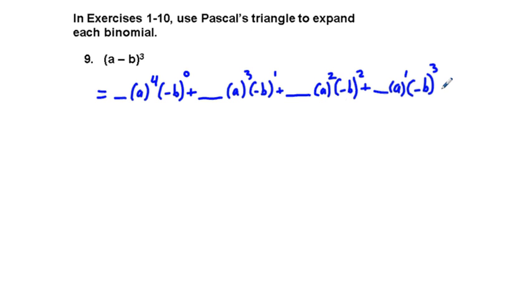So that's going to work out. Then we have plus some coefficient, which I think is 1. We're going to have a to the 0 power, and we're going to have this negative b to the 4th power. So we can just work all this out, but first we're going to go and get a 3.